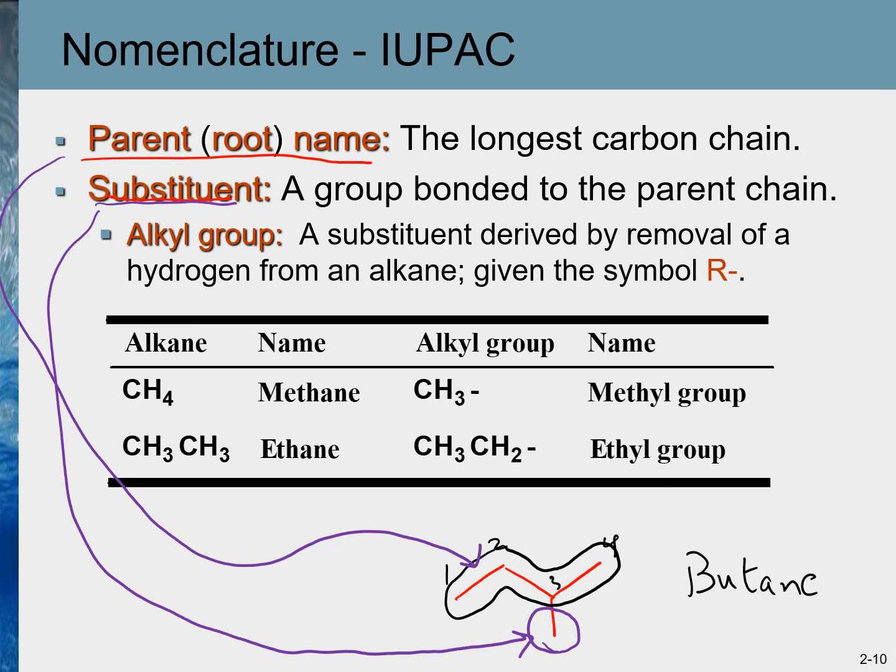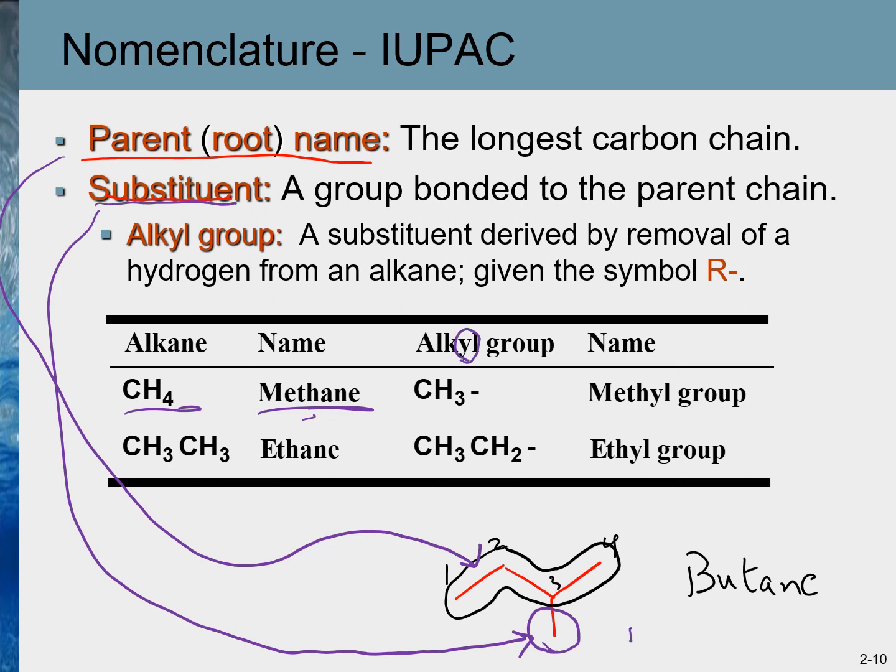Now, how do we name a substituent? The name of the substituent is derived from the alkane part of it. So let me explain. The substituent is only 1 carbon long, and the name for the 1 carbon alkane is methane. So this substituent name will be derived from methane. When we derive the name of a substituent, we drop the ane and add yl at the end.